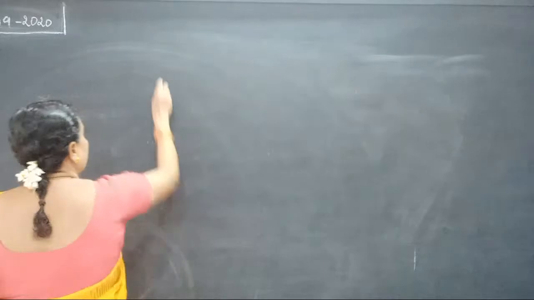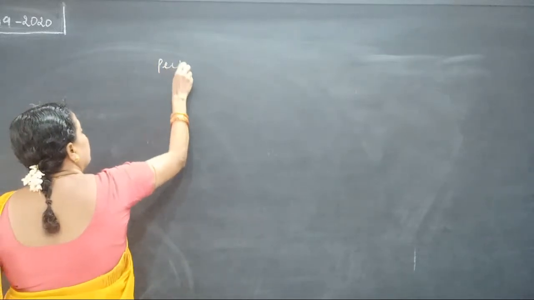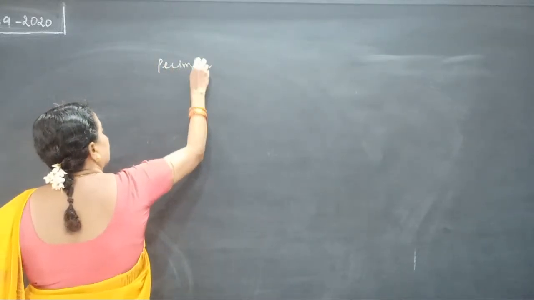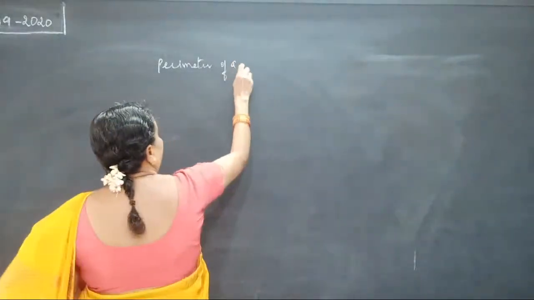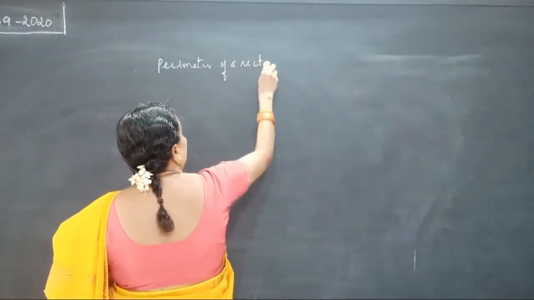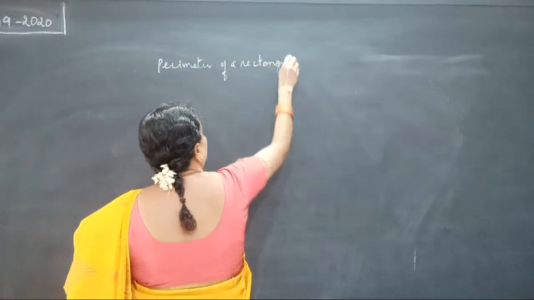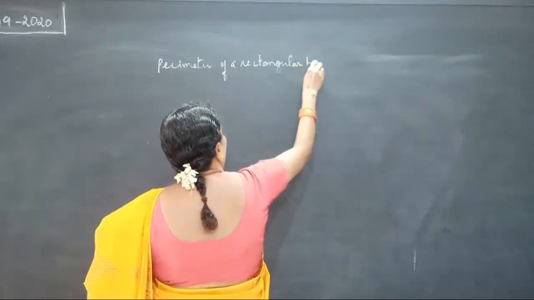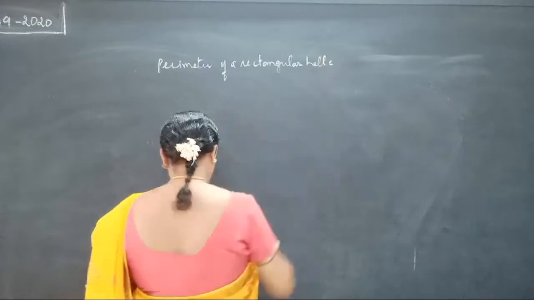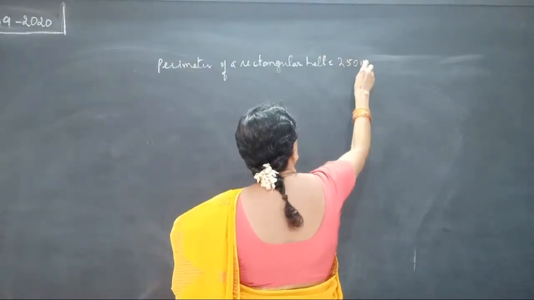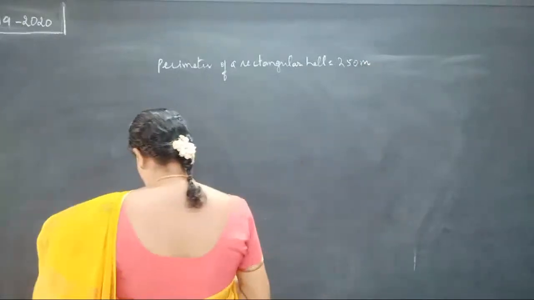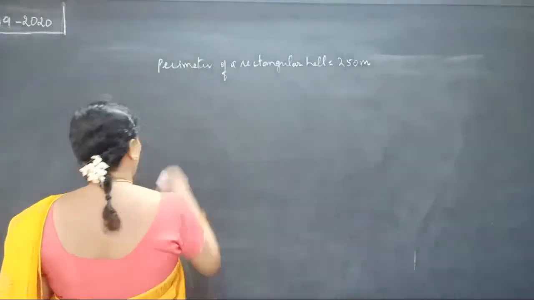It is given perimeter of a rectangular hall is 250 meter.